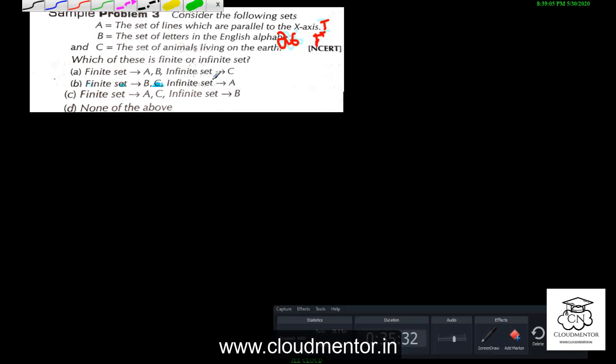B equal to the set of letters in the English alphabet. We know that there are only 26 letters in the English alphabet, so it is a finite set. And C is the set of animals living on Earth.